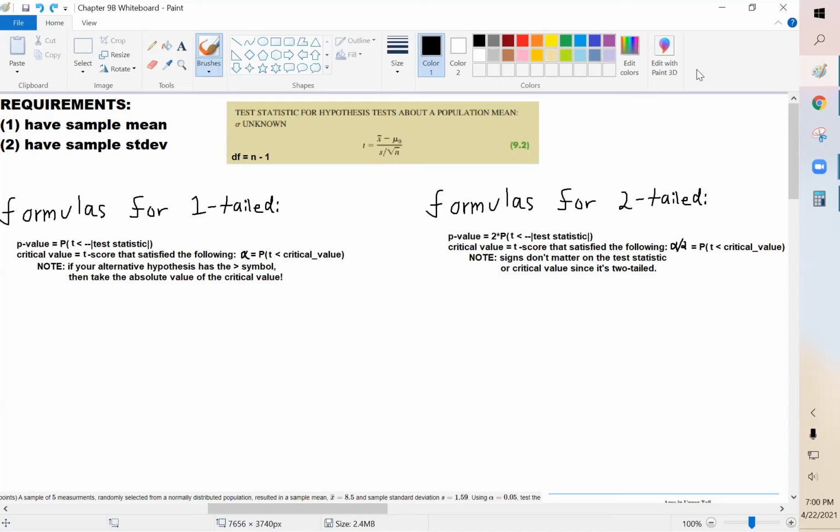Does anyone need more time to write this down or take a picture? And I will note the notes have everything written down. If you want, you can just print this out and include it on your cheat sheet. You'll have to scale it down, obviously, but this has everything written down.